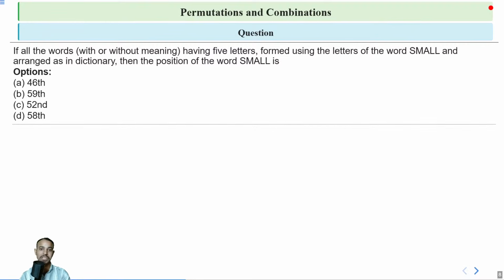Here we have given 4 options. Which option is correct, that you have to find. First of all, try it by yourself and then see the solution.